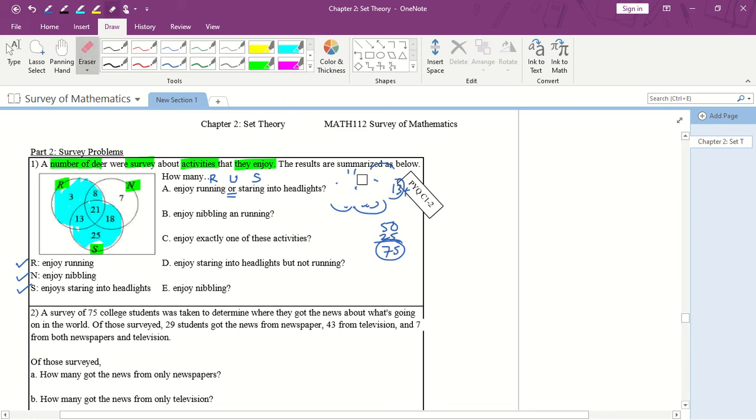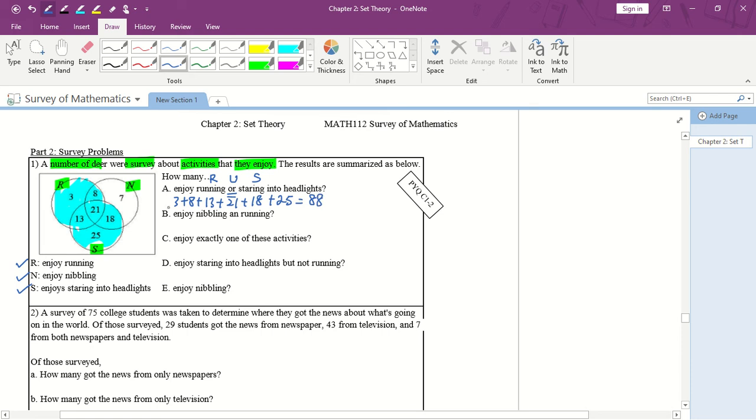So the answer here will be 88. Of course, in the exam, it's better for you to write everything: 3 plus 8 plus 13 plus 21 plus 18 plus 25 is equal to 88.